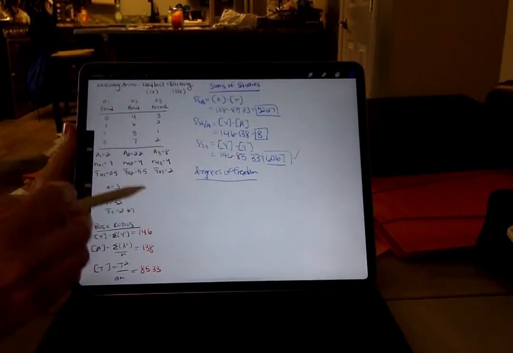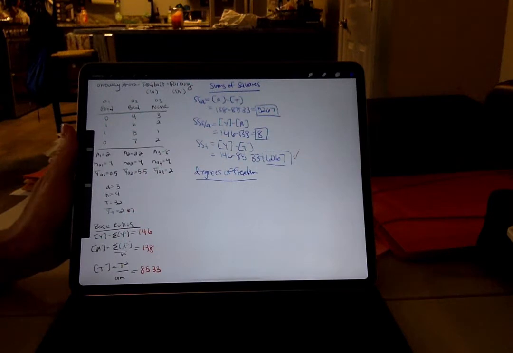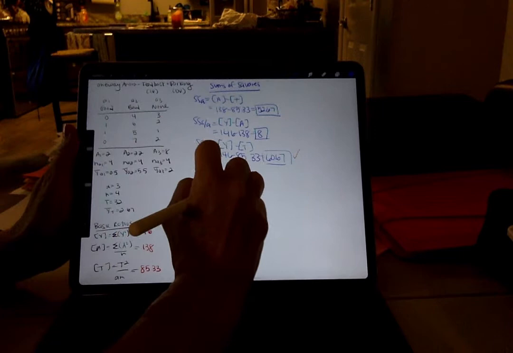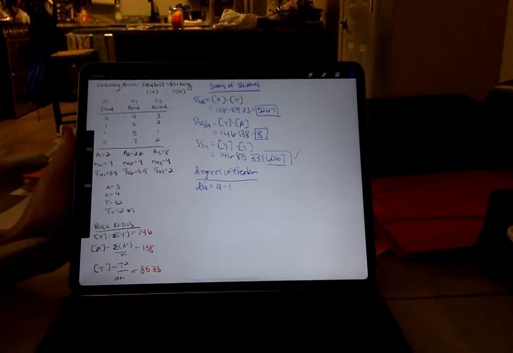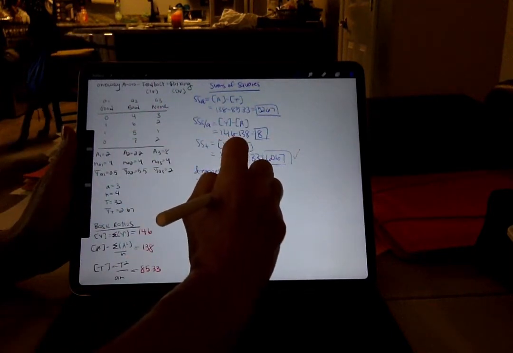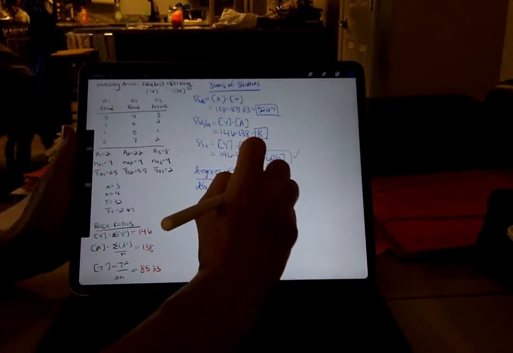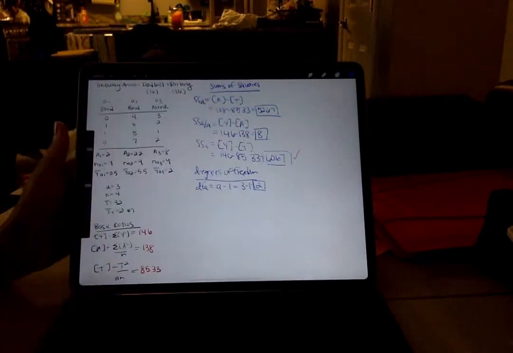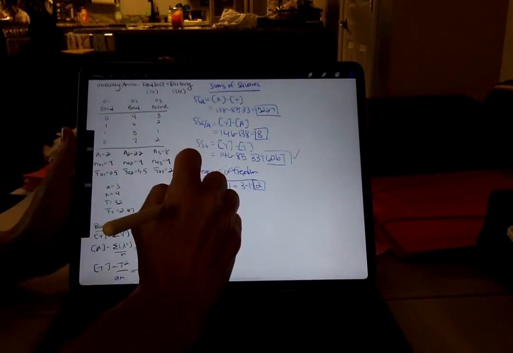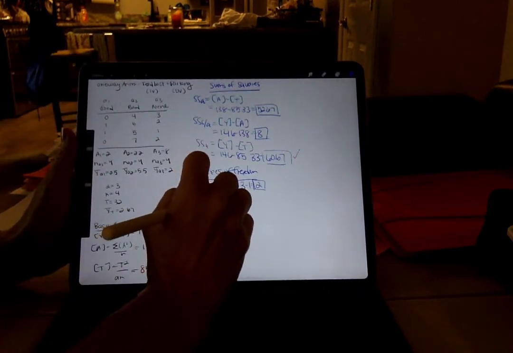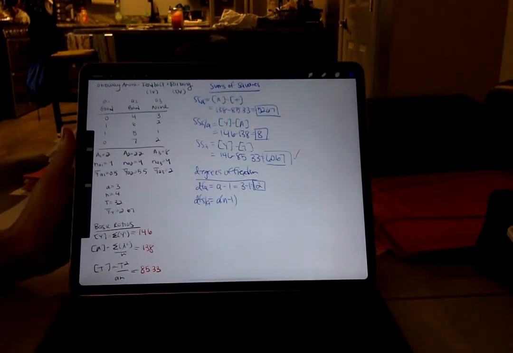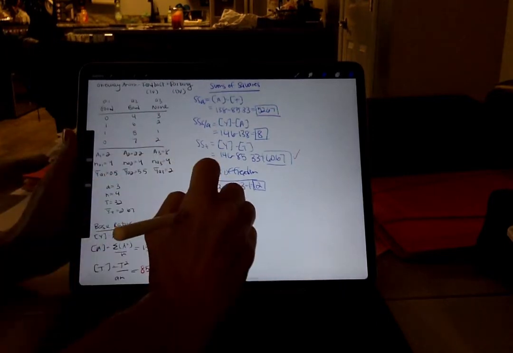And we have a degree of freedom to match up with each of our 3 sums of squares. So our first is your degrees of freedom for A, and the formula for that is simply little a minus 1. Our little a in this problem is 3, so 3 minus 1 is 2. Our next is our degrees of freedom for S over A, and the formula for that is little a times the quantity n minus 1.